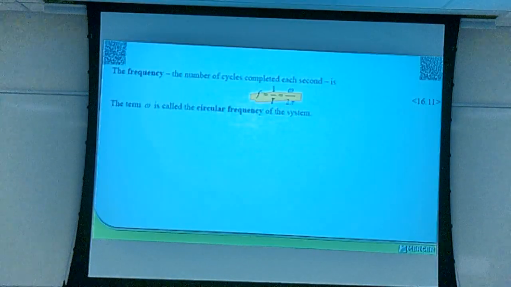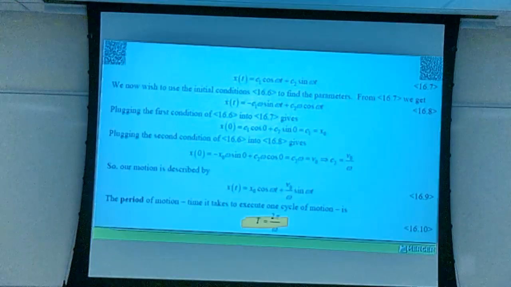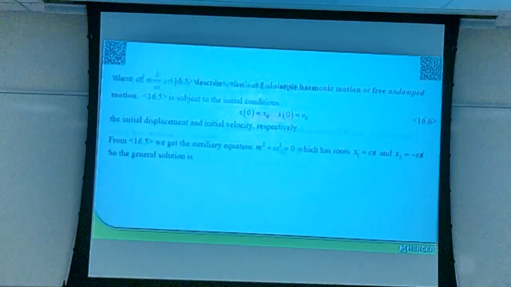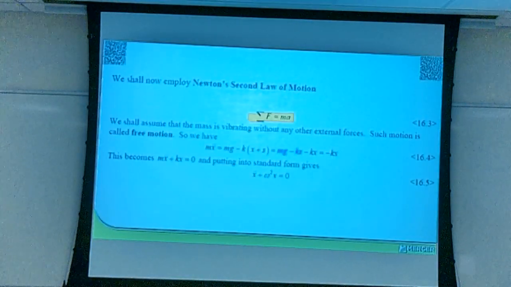Omega is your circular frequency, and omega is given from that equation, x double dot plus omega squared x equals 0. So it's the square root of the coefficient of x.